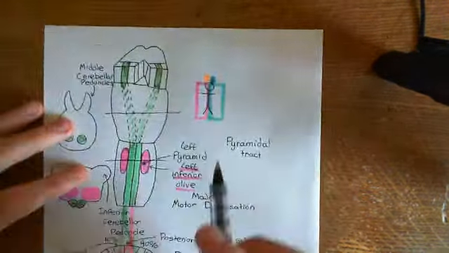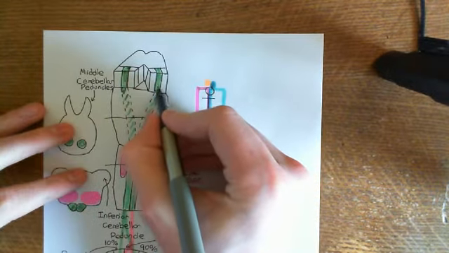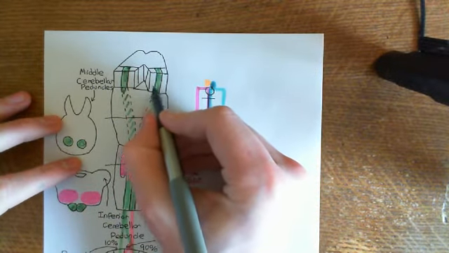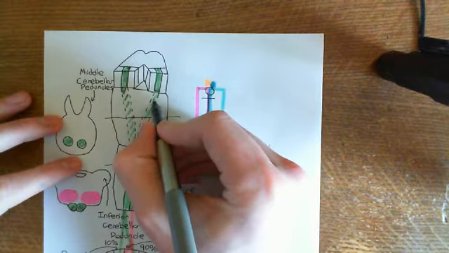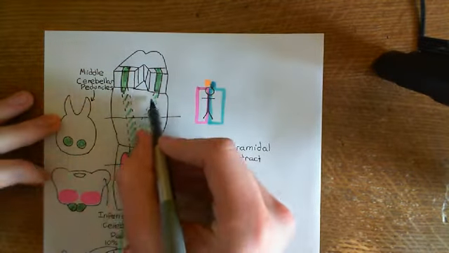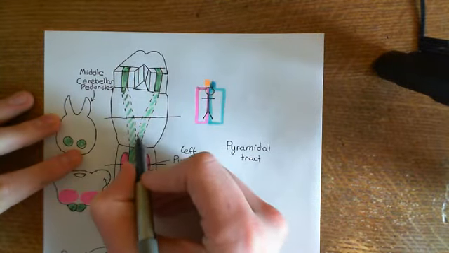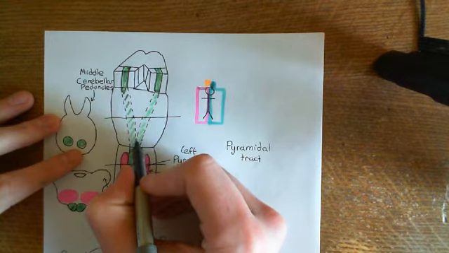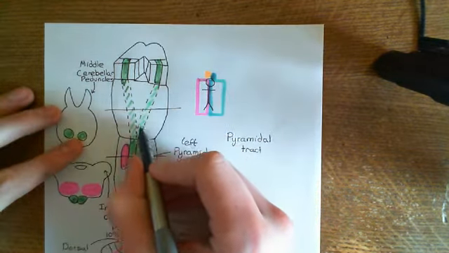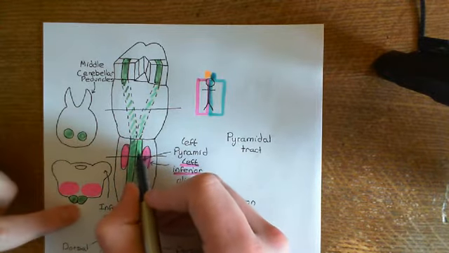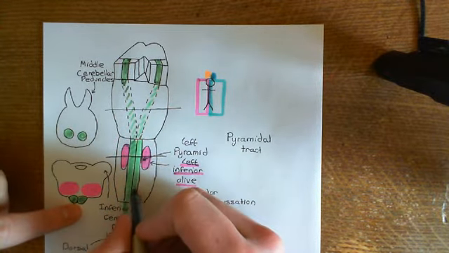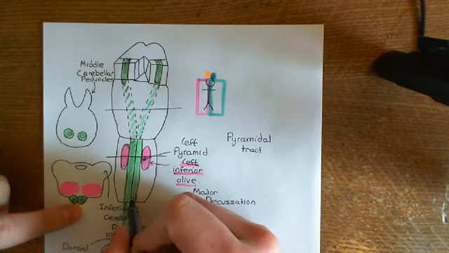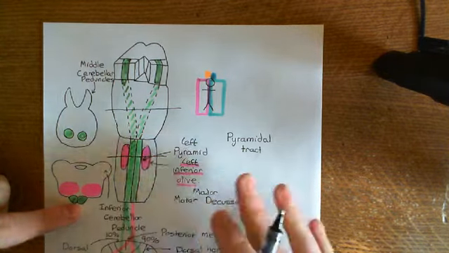They will then pass down the left crus cerebri of the midbrain in the middle third of it, into the pons, where they'll move through the middle of the pons, still on the same side as the primary motor cortex where the cell bodies are. So the axons are moving down in this great bundle, then they go down through the pyramid here, again on the same side as the primary motor cortex where the cell body is.